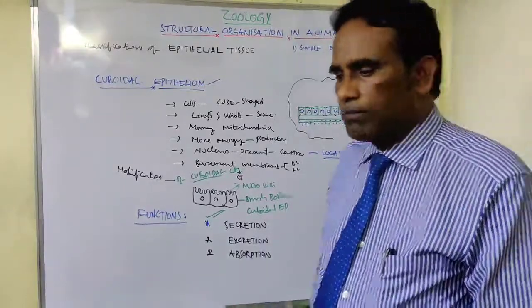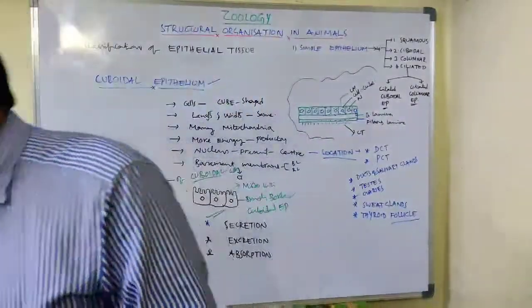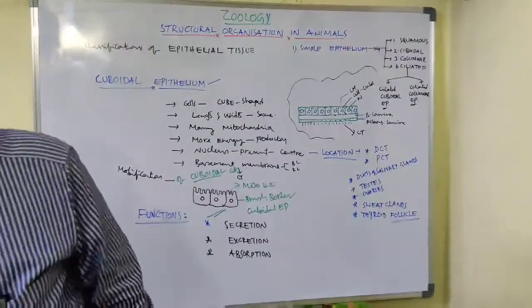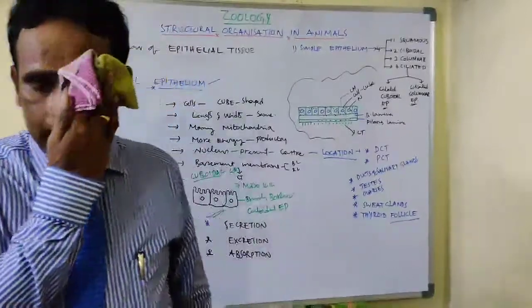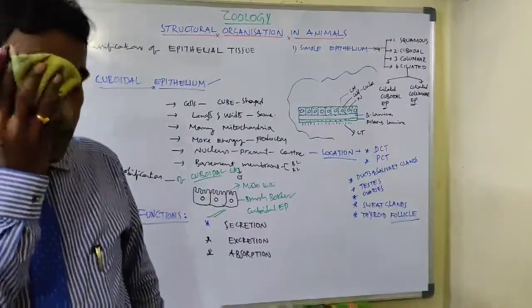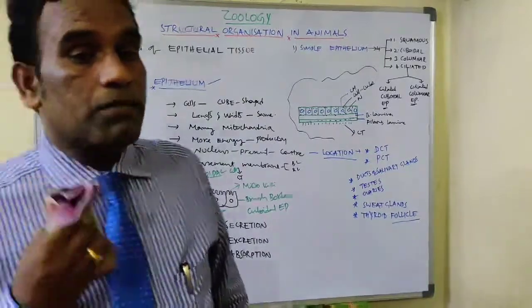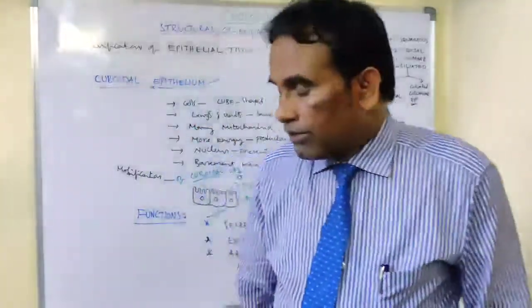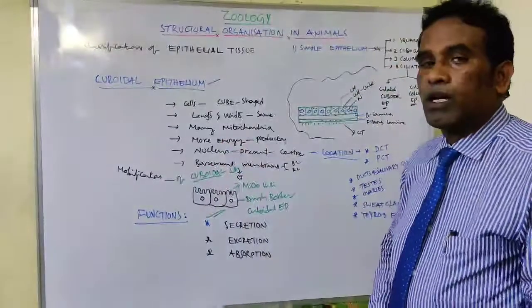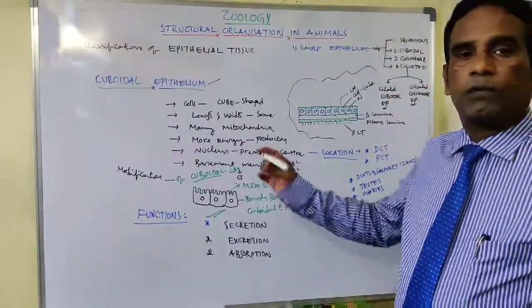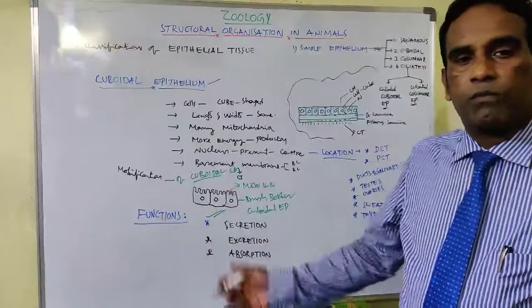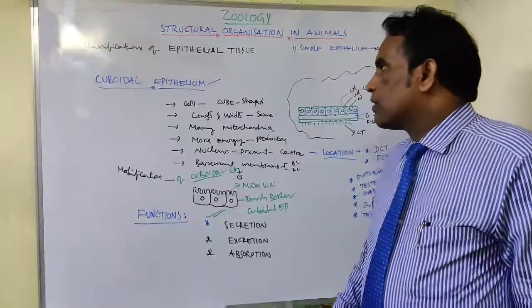So in cuboidal epithelium the cells are cube-like in shape with no intercellular spaces, the nucleus is present in the center, and it lies on the basement membrane. A large number of mitochondria are present, so more energy is released.